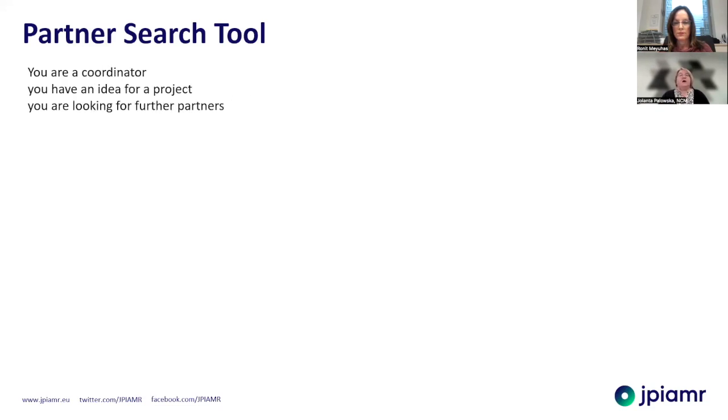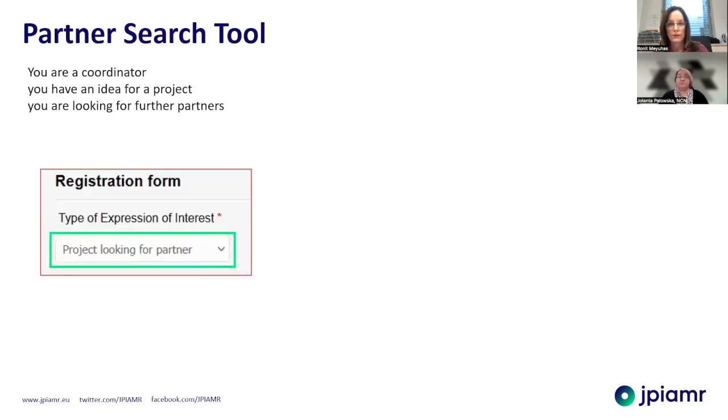If, however, you are a coordinator with an idea for a project, you want to build a consortium from scratch, or you're looking for further partners, then you would start completing your registration form by marking project looking for partner. So the mindset would be to introduce yourself as a potential employer, so to speak.